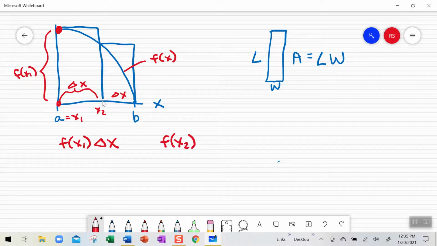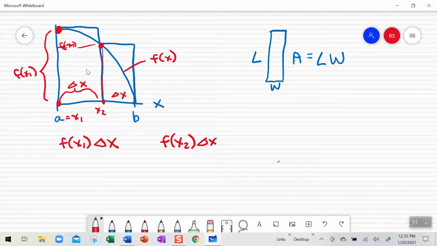Again, why x sub 2? Because right here at x sub 2 is where the rectangle intersects the curve, right? So if we go over, this value right over here is going to be f of x sub 2. That's the function value at x sub 2. And so the width of the rectangle is once again delta x.